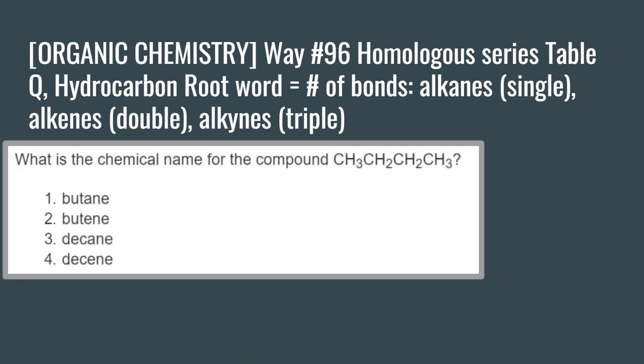So what is the chemical name for the compound CH3CH2CH2CH3? The easiest way to do this problem is to count the total number of carbons, count the total number of hydrogens, and figure out which one of these answer choices it would have to be.